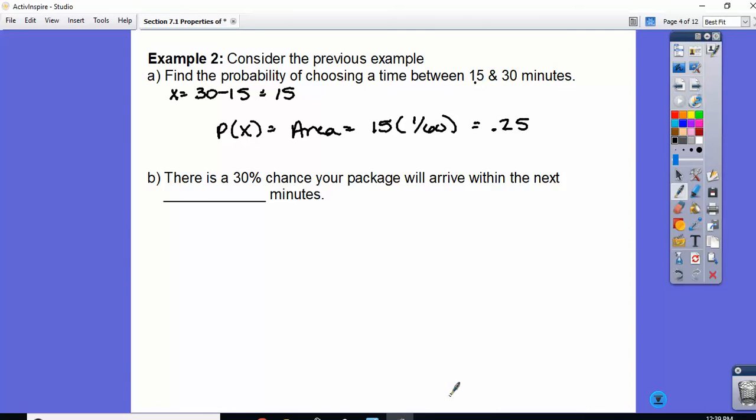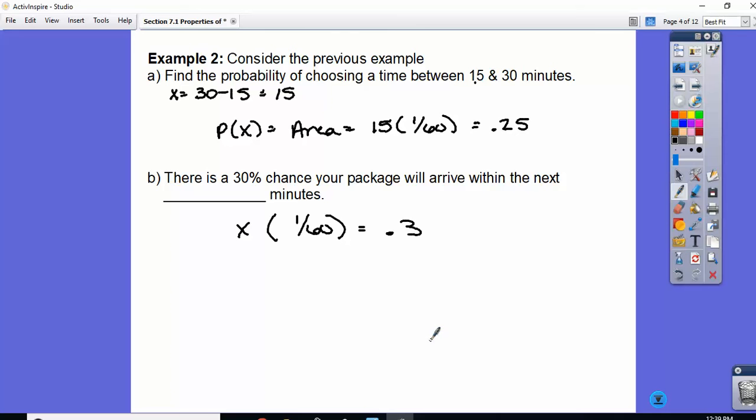All right, I'm going to flip this around. There is a 30% chance your package will arrive within the next blank minutes. So you have to go backwards. I don't know my number of minutes, but I know my height is 1/60th.